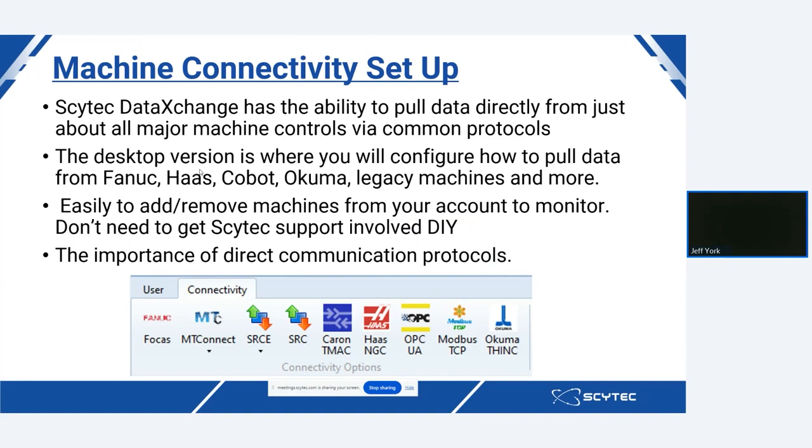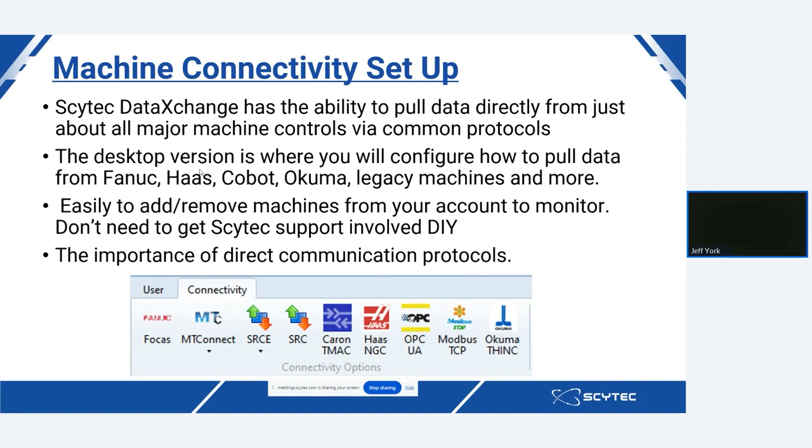And I would like to quickly talk about the importance of these direct communication protocols, as we have been adding them in some of the more recent DataXchange updates. If you look at this image here, you can see things like Fanuc Focus, Haas NGC, Next Generation Controls, as well as Akuma Think.